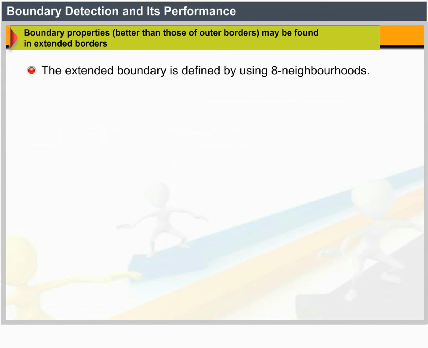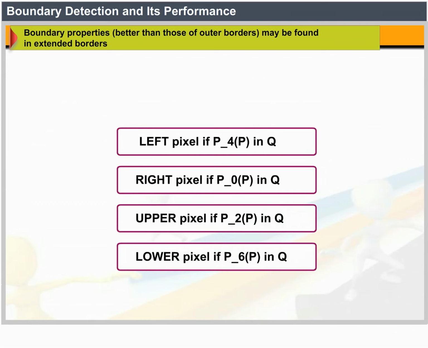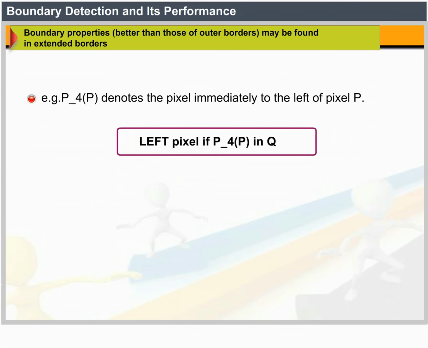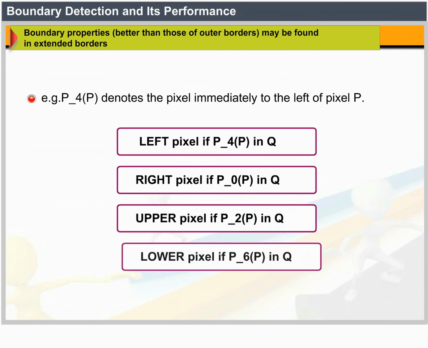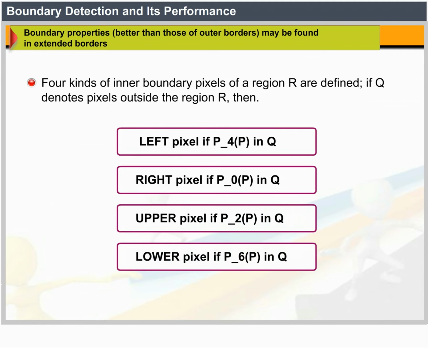The extended boundary is defined using 8 neighborhoods. For example, P_4 denotes the pixel immediately to the left of pixel P. 4 kinds of inner boundary pixels of a region R are defined.